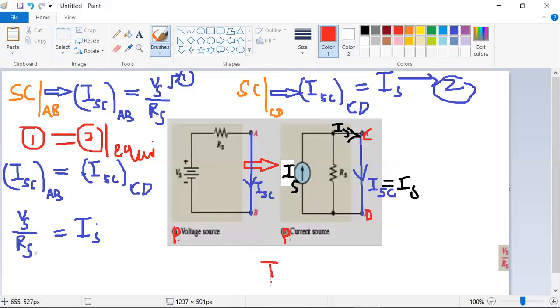IS is equal to VS by RS. While making this circuit, the current source we got is IS.